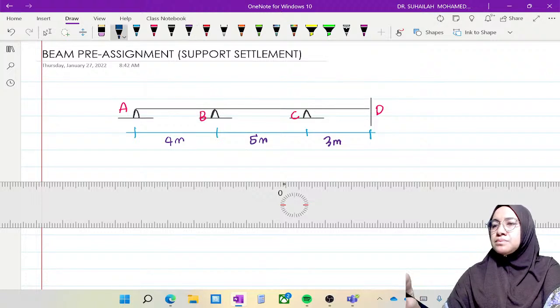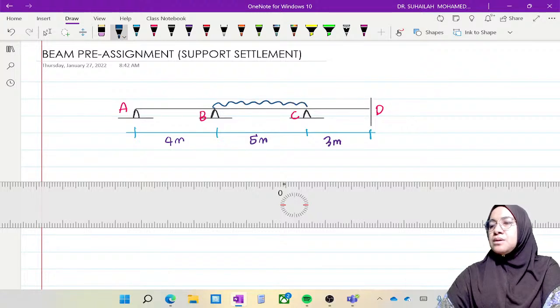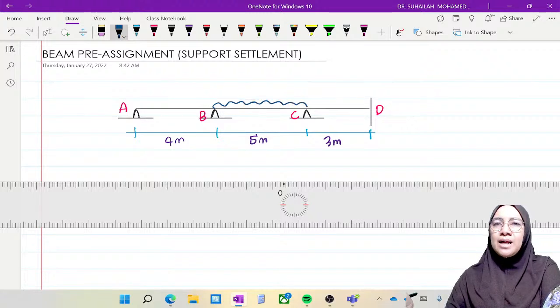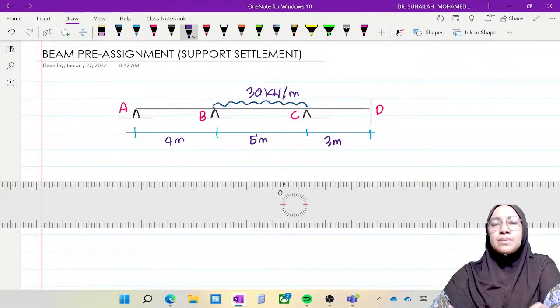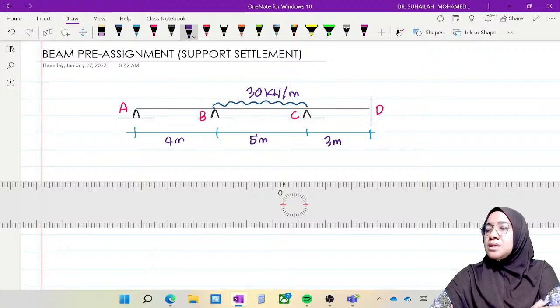Along member BC, there is a UDL with magnitude 30 kilonewton per meter.